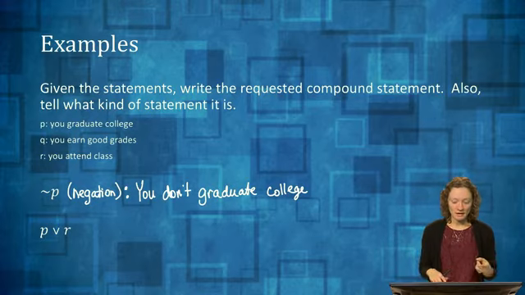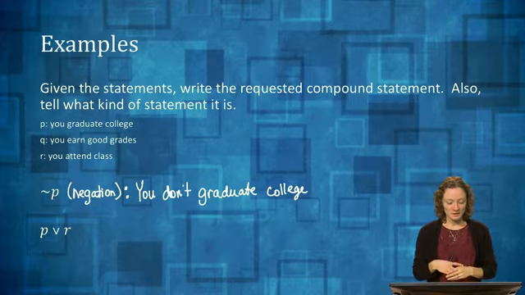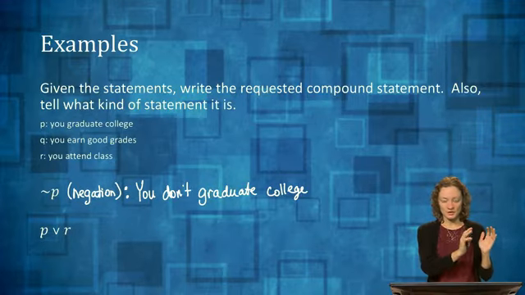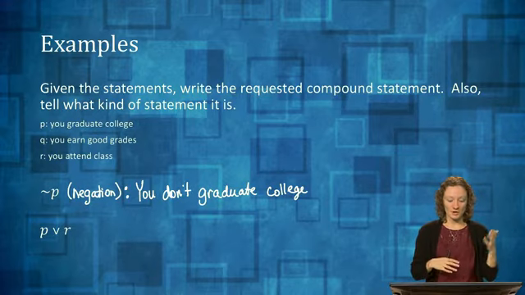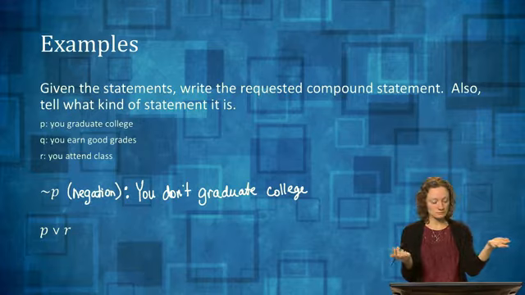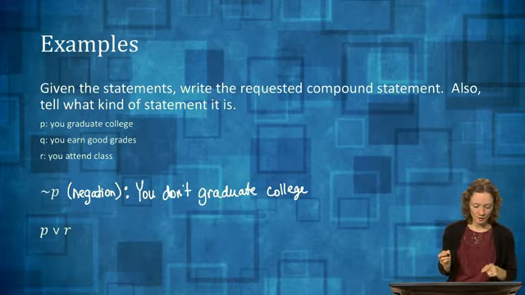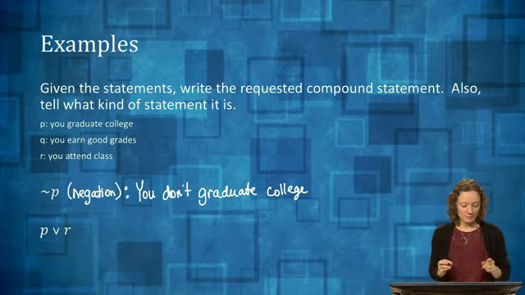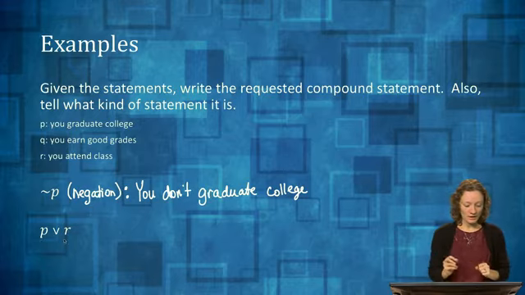You didn't graduate college, that works. You do not graduate college, totally works. And there's nothing special about that negation. It's nothing fancy. You either do graduate college or you don't. Not any in between.